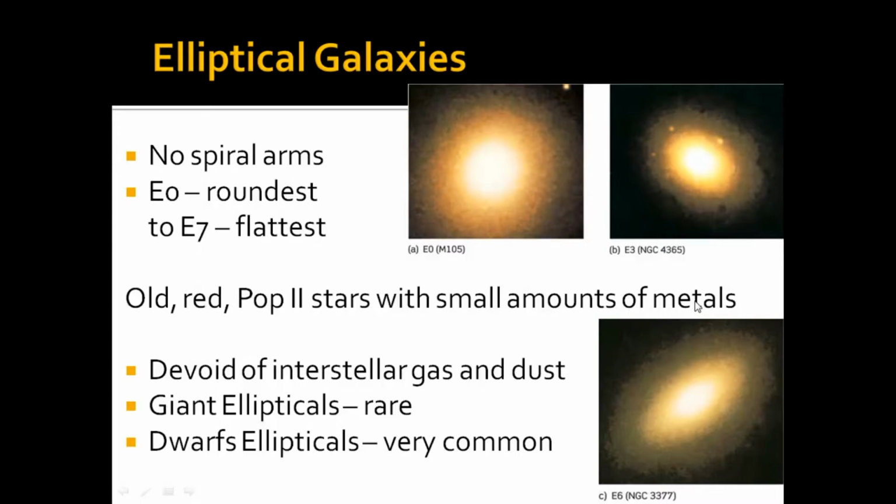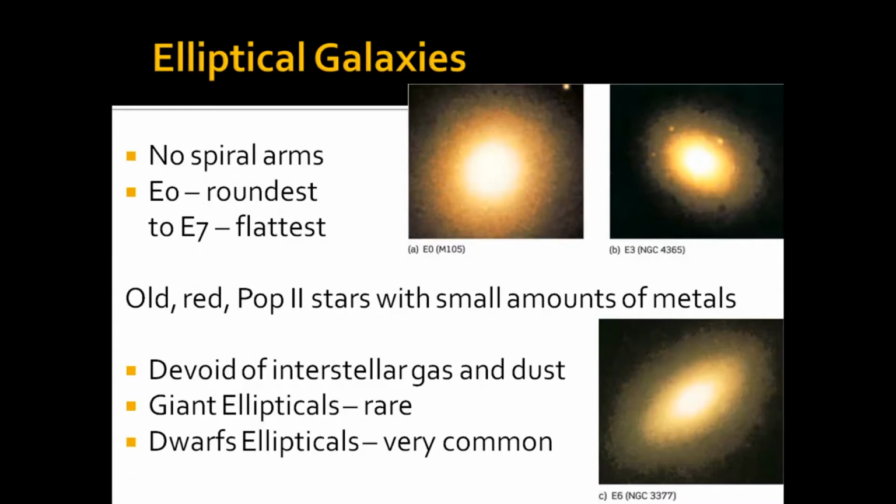From radio and infrared observations, we see that these galaxies are devoid of interstellar gas and dust, and that star formation ended a long time ago. That leaves the older red stars without new star formation happening, so they look more red in color. There are not a lot of new stars being formed, just redder, older, dying stars.